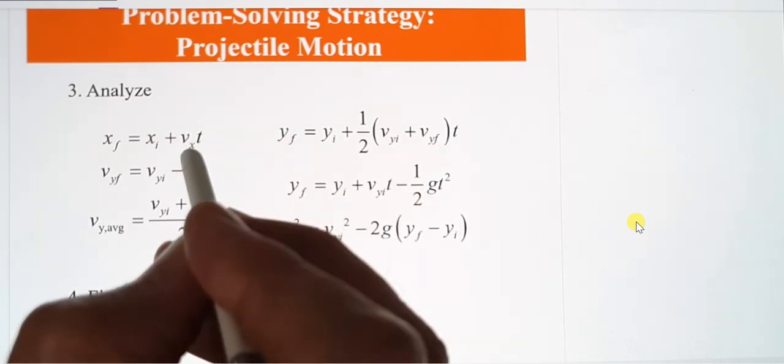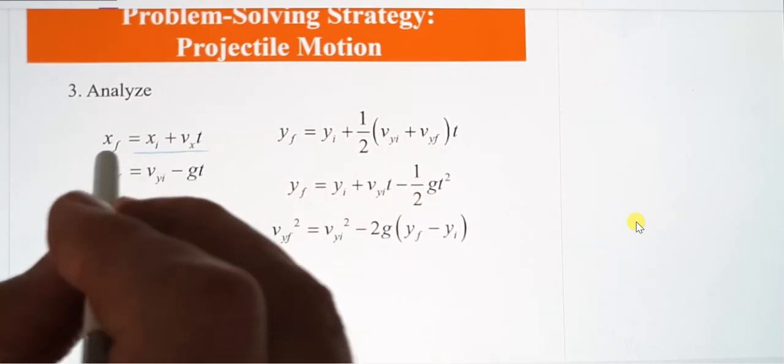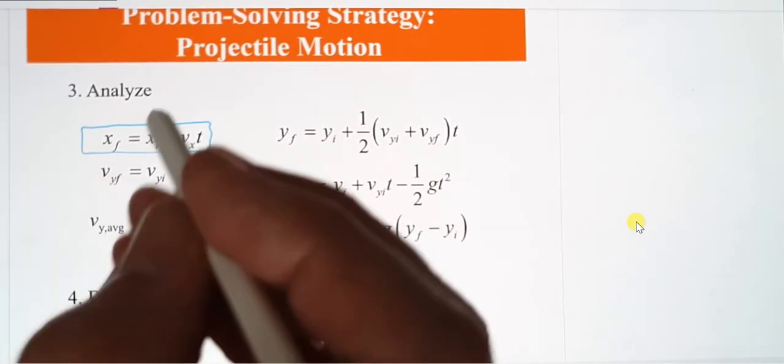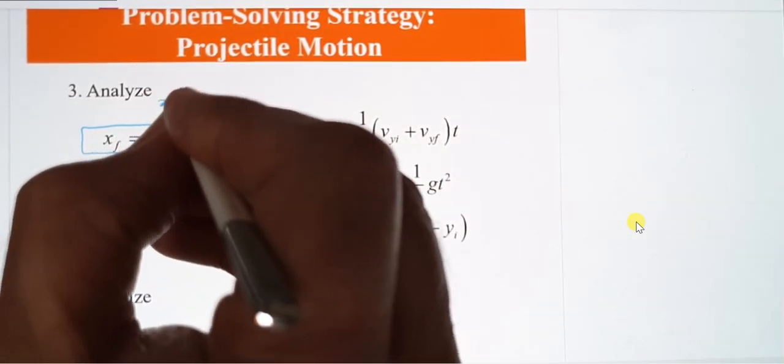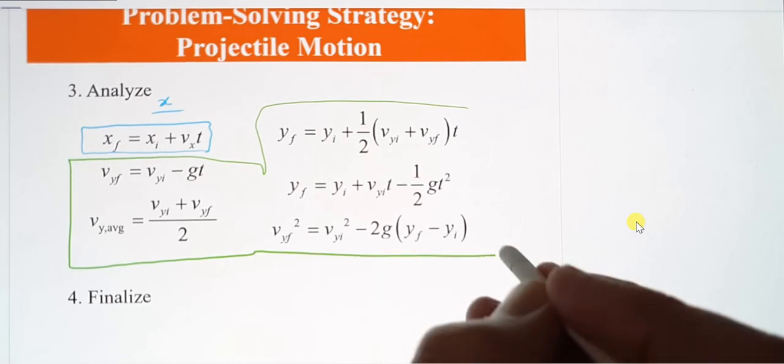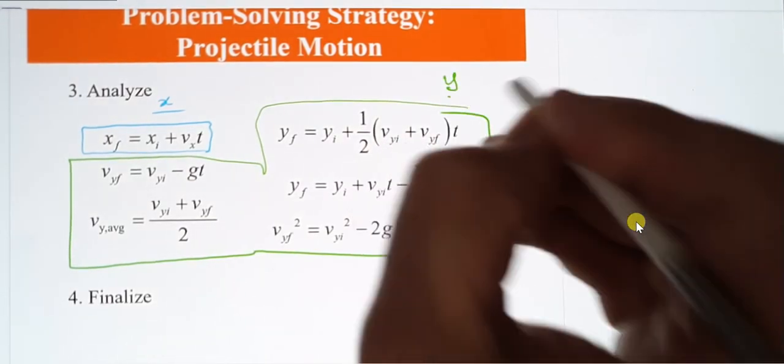So in the x-axis, we have this equation, and the rest is for the y-axis. So x motion, and the rest for y motion.